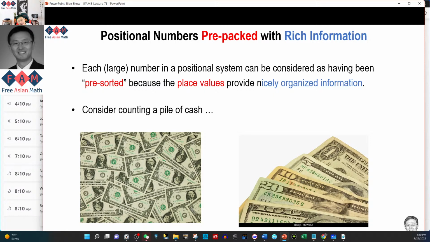How can you count it now? Much easier. You count 3 ten-dollar bills, 1, 2, 3, and then 4 $1 bills, 1, 2, 3, 4. Then you know you got $34.